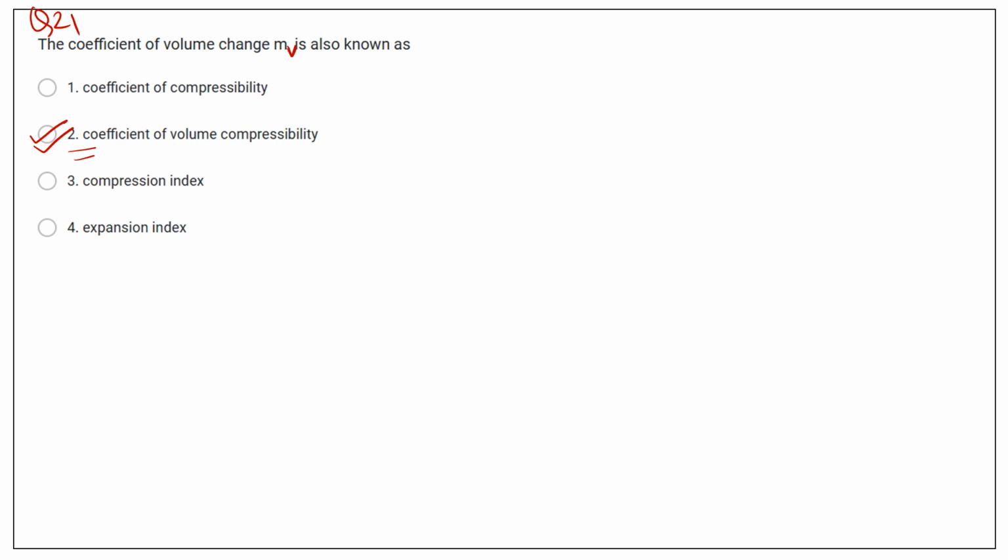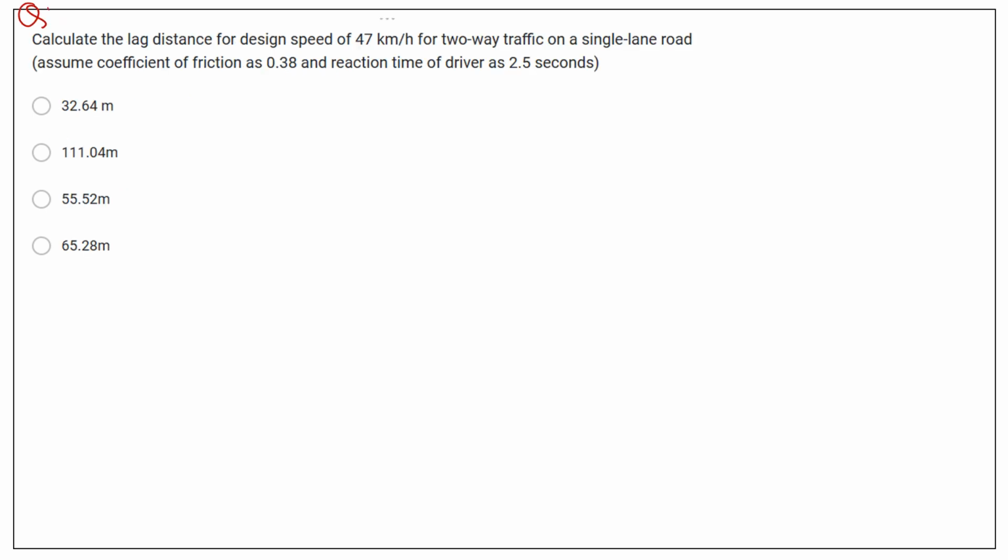The next question, question number 22. Calculate the lag distance for design speed 47 km per hour for two-way traffic on a single lane road. Assume coefficient of friction is 0.38 and reaction time of driver is 2.5 seconds.